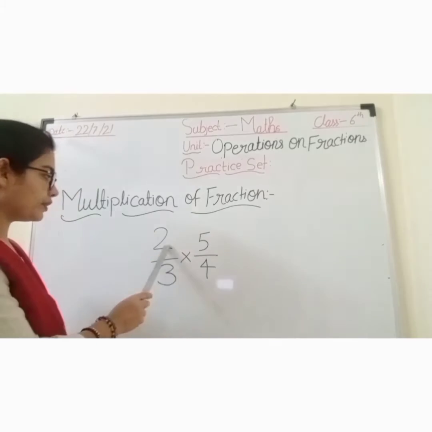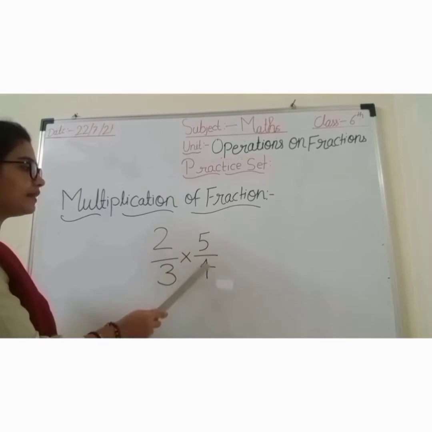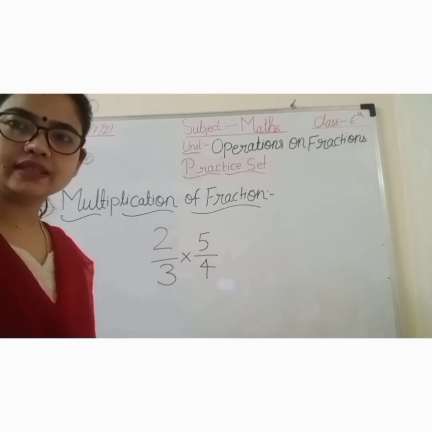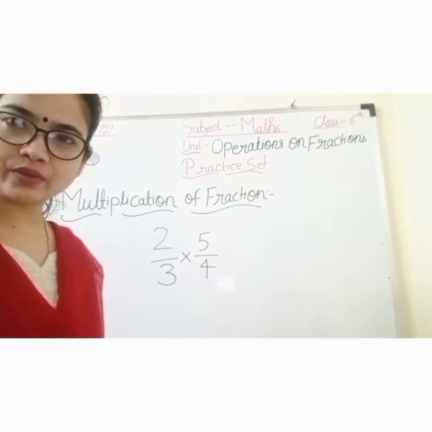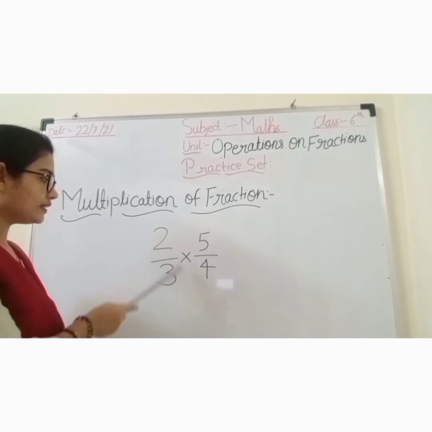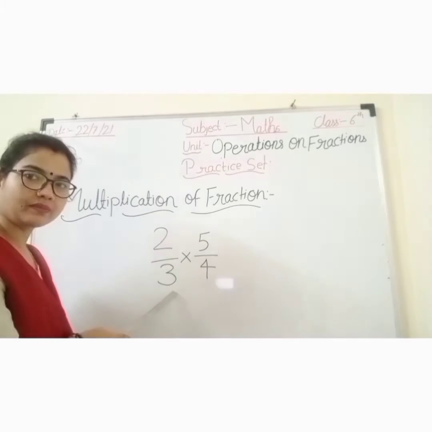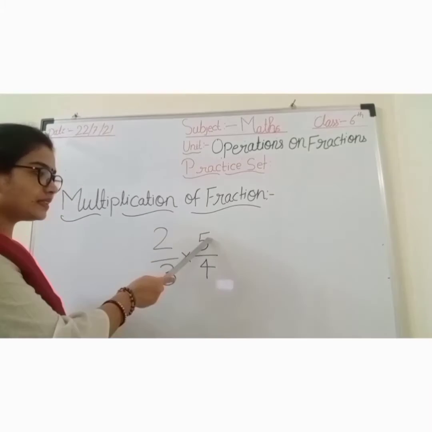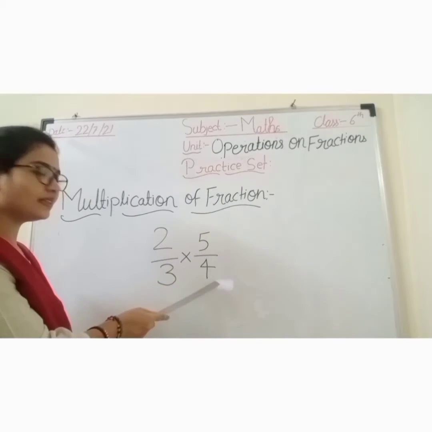For this, you already know that the number on the top is the numerator and the number at the bottom is the denominator. In this case also, this is the numerator and this is the denominator.